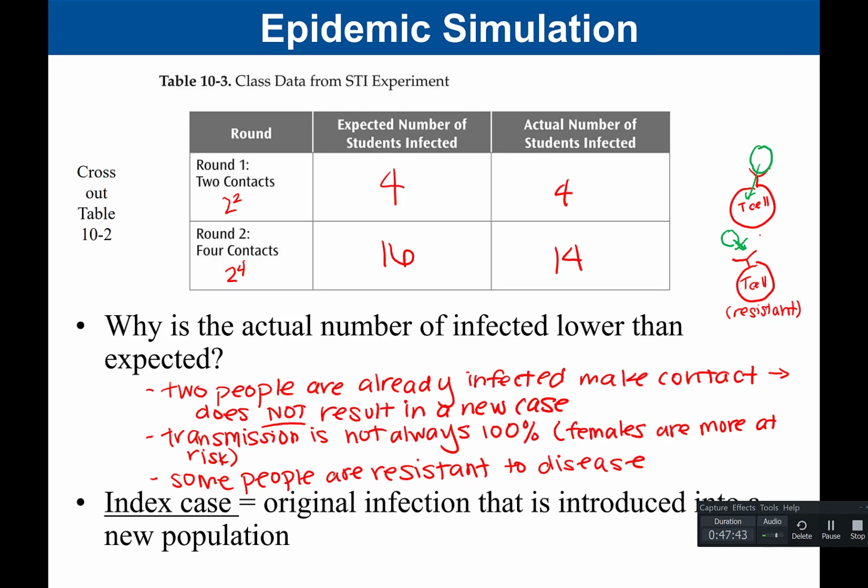And one of the videos that I'm going to show you in a minute is looking at a phenomenon called herd immunity. How if most of the population is basically resistant to that disease, let's say they've been immunized, think of the measles, right? Most people in our population have been immunized against the measles. That is referred to as herd immunity.